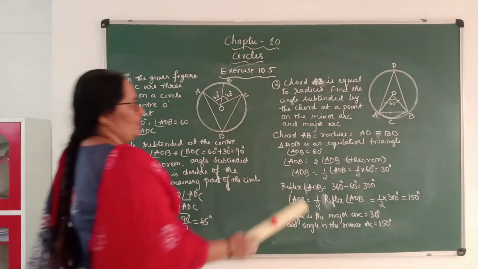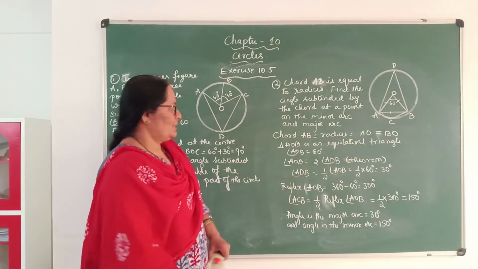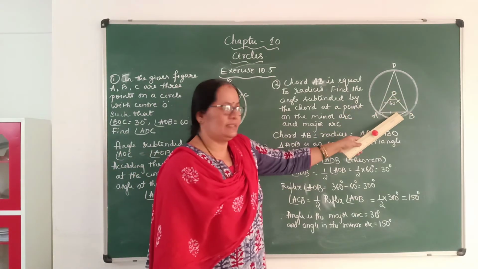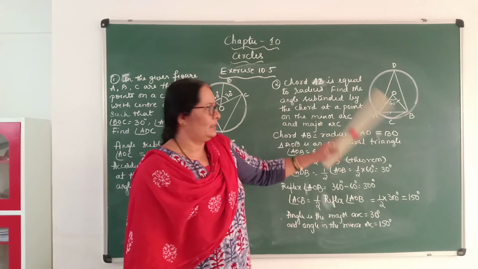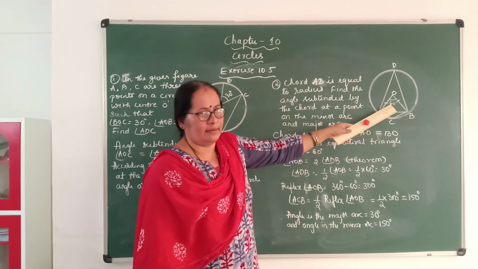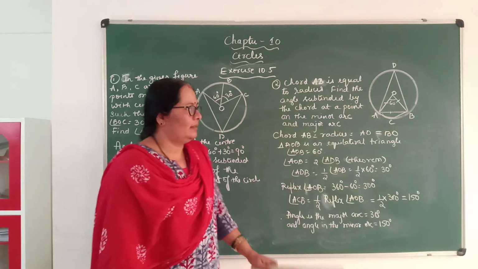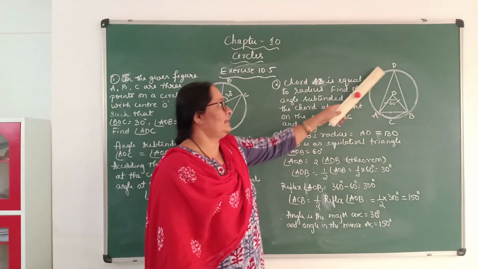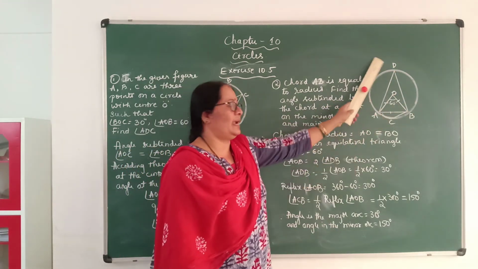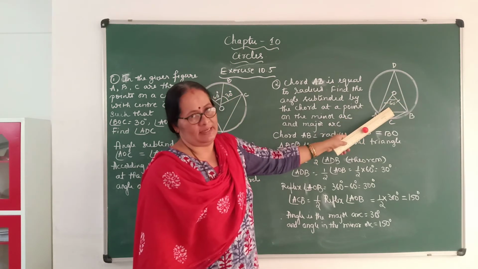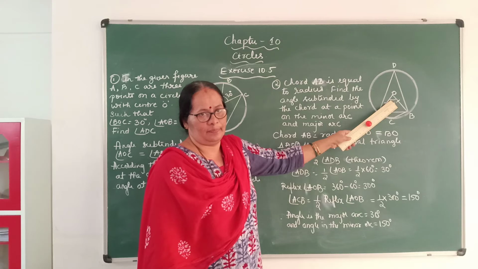So, chord AB is equal to radius, so AOB is an equilateral triangle. Then the angle subtended at the center will be 60 degree. Then the angle subtended in the major arc, that is ADB, equals half the angle of 60 degree, which is 30 degree.